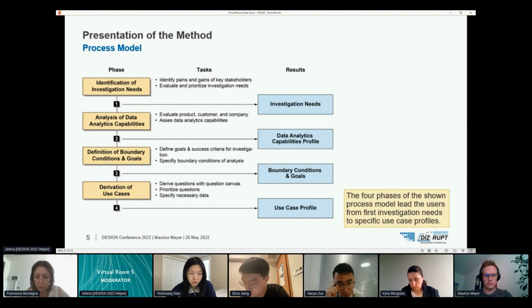And we specify the boundary conditions of the analysis, which is based on the analytics capabilities profile. In the fourth phase, we specify the use case by deriving questions with the question canvas, by prioritizing questions, and by specifying the necessary data. This gives us the use case profile, which is the result of the method.